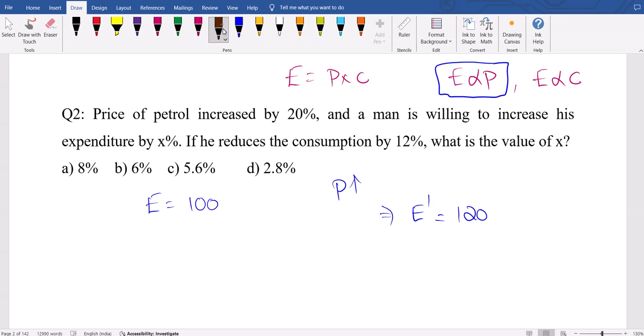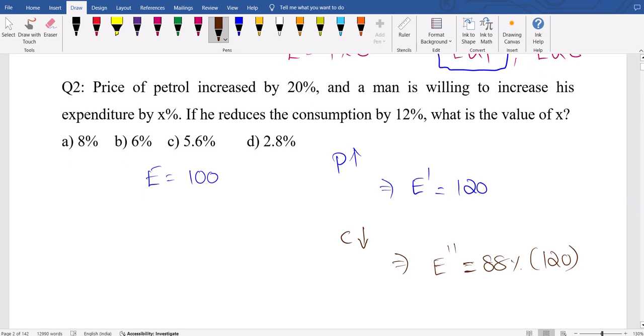Next, consumption decreased by 12%. Now expenditure is directly proportional to consumption. When consumption decreases, expenditure will decrease. What is the expenditure? 120 minus 12%, I have to reduce. Or else I can write 88% of 120 also. Why 88%? Because when consumption decreases, expenditure will decrease.